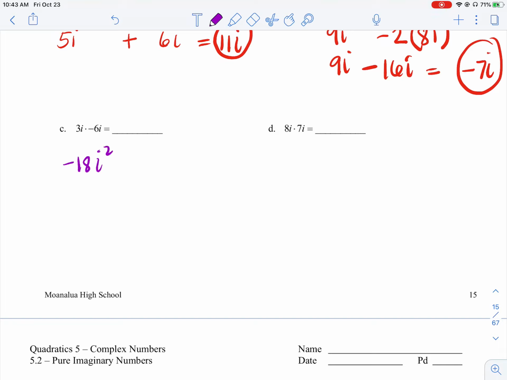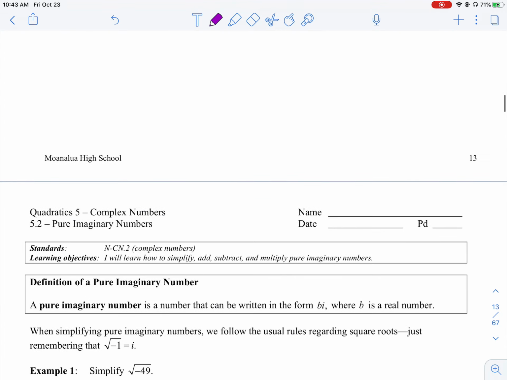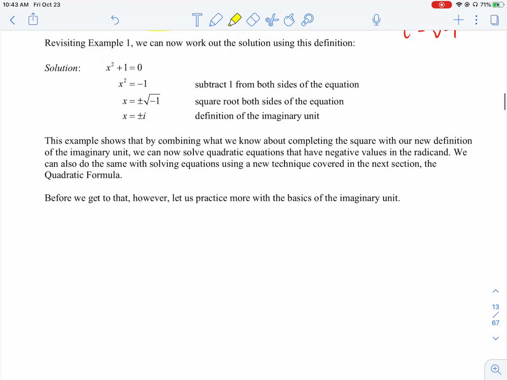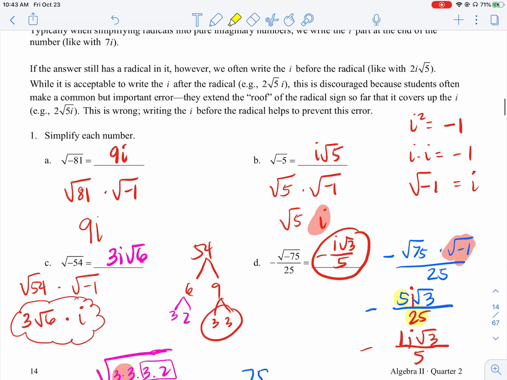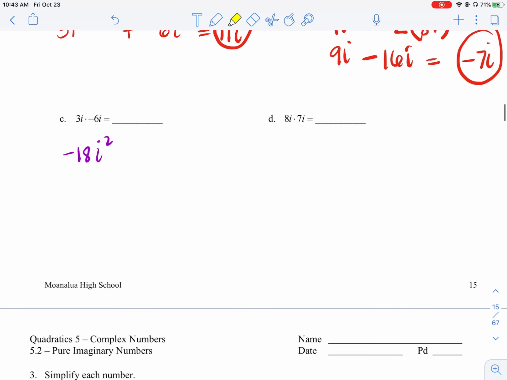Okay, can we still simplify this? Do we know what i squared is equal to? If we don't, let's go back to what we talked about earlier. Do you remember this? i squared is equal to negative 1. So whenever we see an i squared, that is just equal to a negative 1.